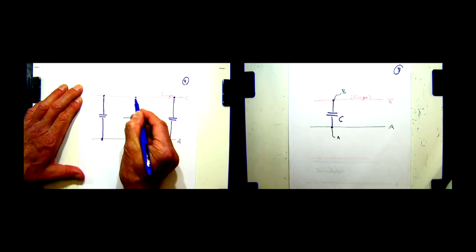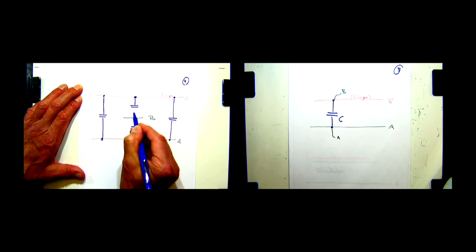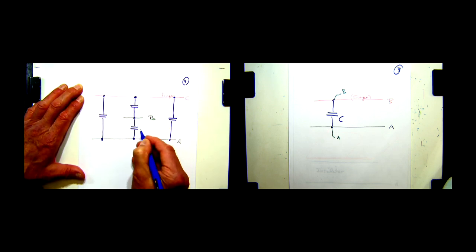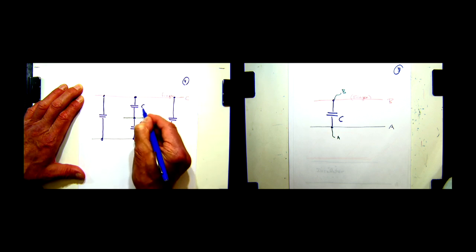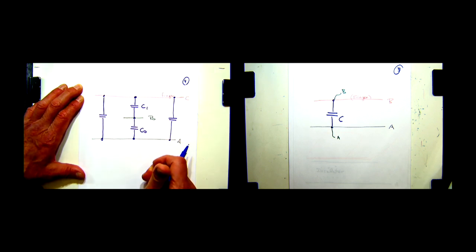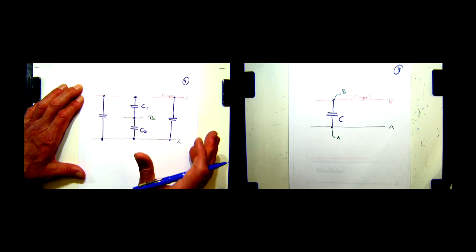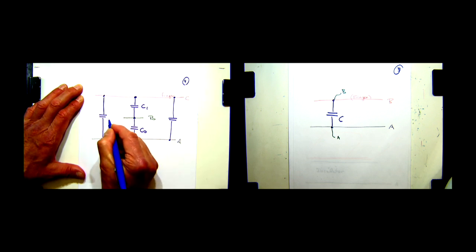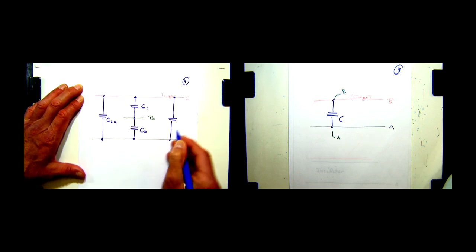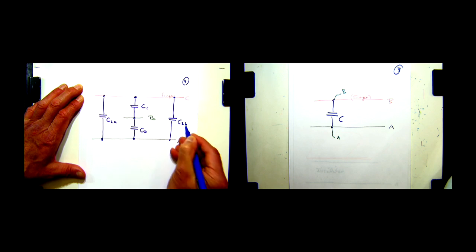Can anybody see yet another capacitor? A and B, right? So A and C, B and C. So let's call this one C0, this one C1, and C1 is present only if there is a finger present, and this one C2A and C2B.